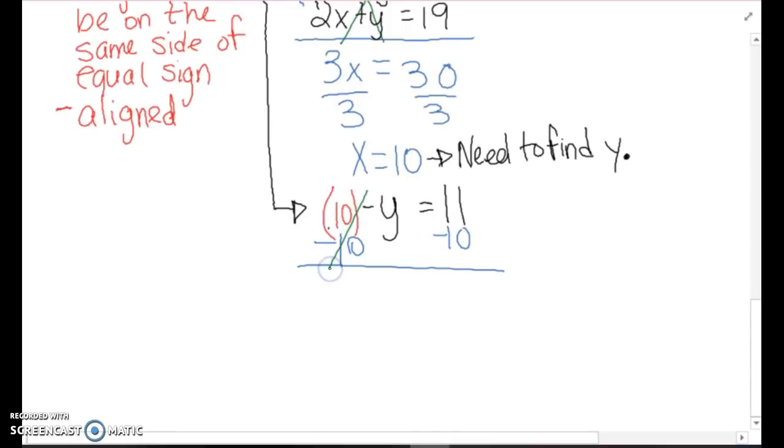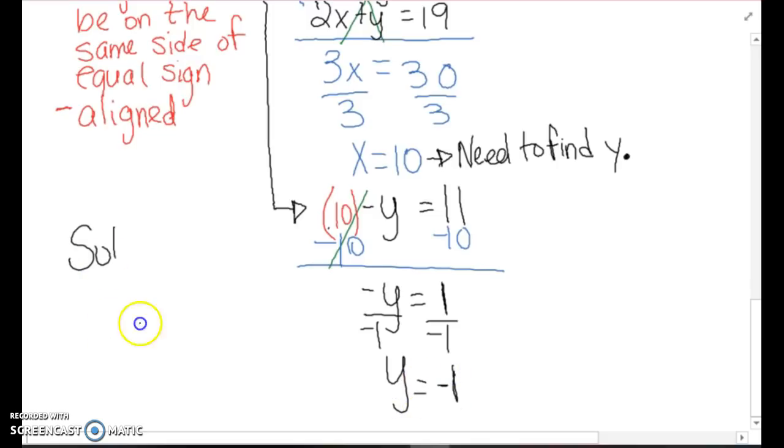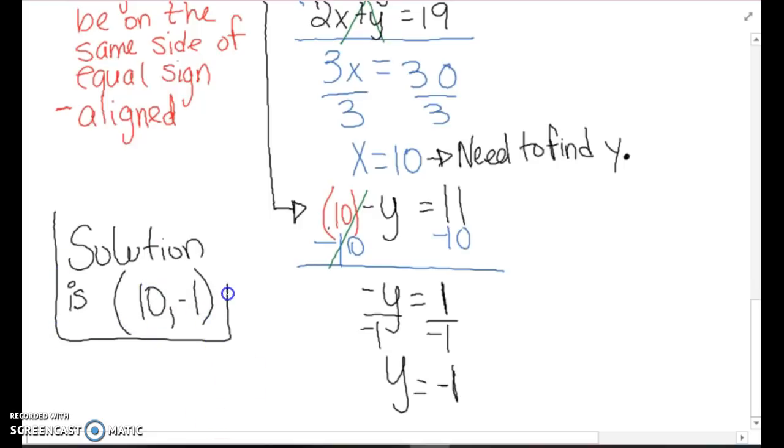And we're left with negative y equals 1. Divide by a negative 1, divide by a negative 1, y equals negative 1. So my solution is 10, negative 1. Remember, your solution is a point, a coordinate where both lines intersect.